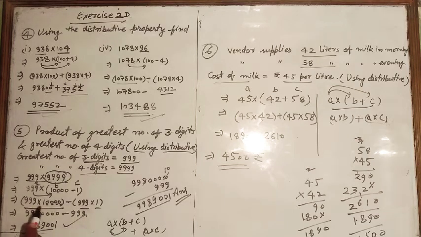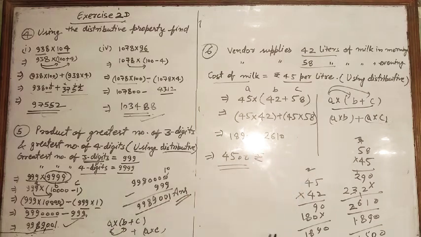Now 999 with four zeros after multiplying, minus 999. After subtracting, our answer will be 9989001, or with commas, 99 lakh 89,001.